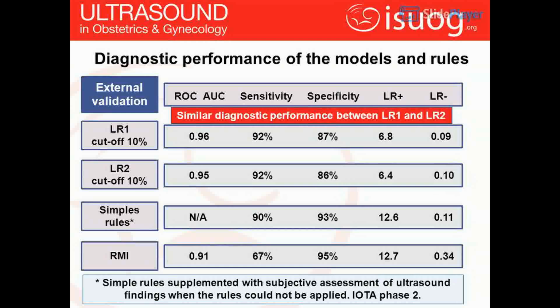LR2, cutoff 10%: 0.95, 92%, 86%, 6.4, 0.10. Simple rules: NA, 90%, 93%, 12.6, 0.11. RMI: 0.91, 67%, 95%, 12.7, 0.34.